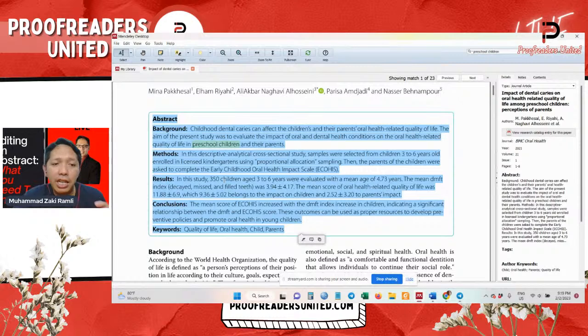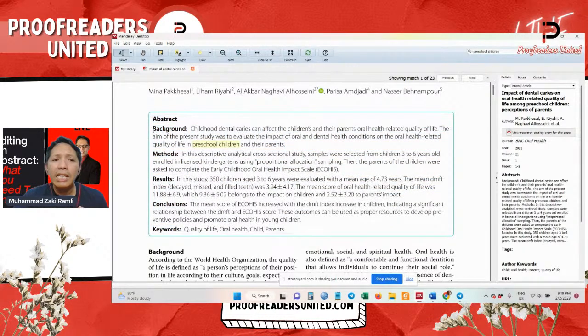In the case of this kind of abstract, whether we like it or not, we have to sacrifice at least 4 words to be added in the abstract, while sometimes some abstracts need a little bit more words, although the journal has set the maximum number of words in the abstract to be, for example, 300 or 250.